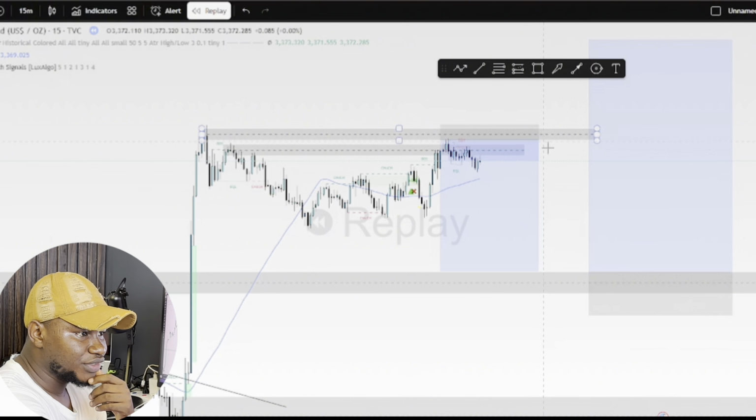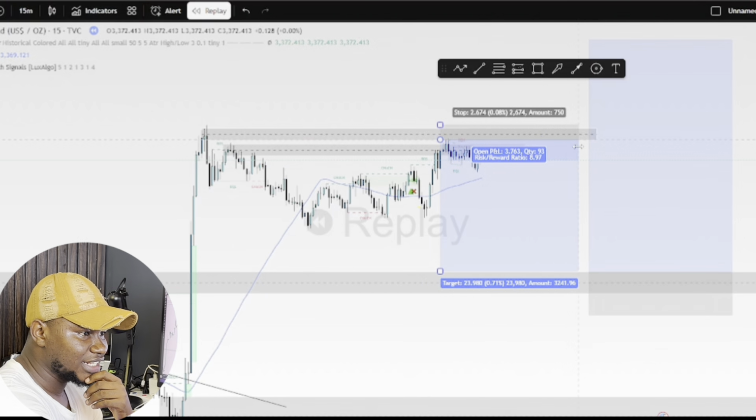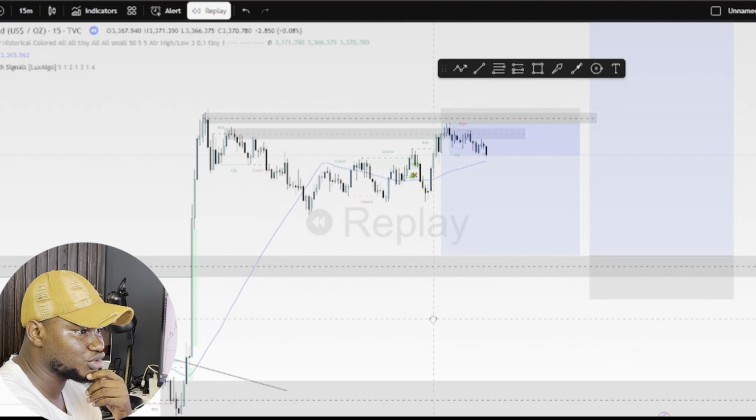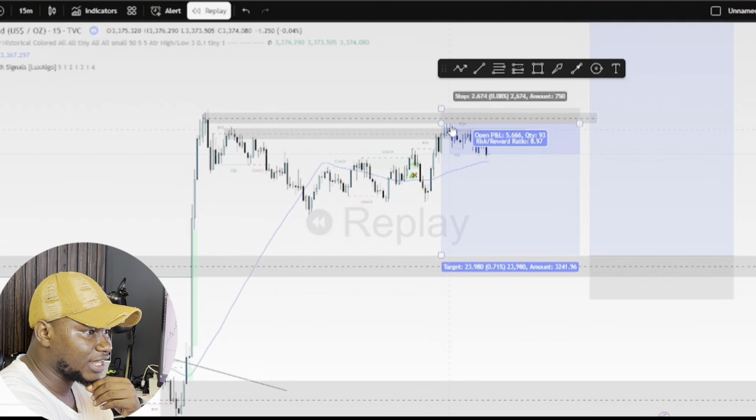Now the trade is moving a bit nicely right now, but we're going to see a very clear picture soon. All right, so it has tapped into this block.